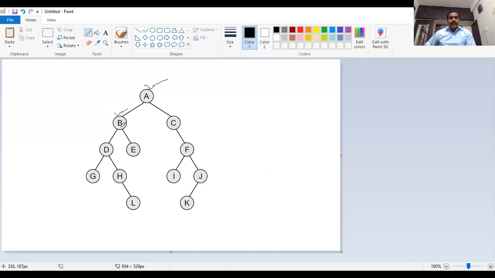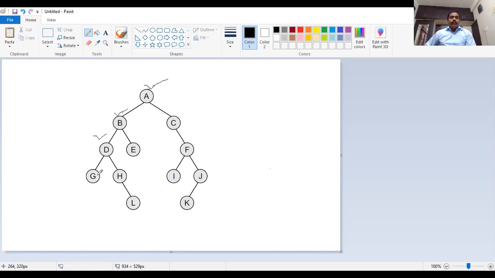B is the left side node. After left, we will go to the right side. But first, once we have visited B, we have to check whether it is a root node or a leaf node. This is the parent node of two other nodes, D and E. So we have to visit the left side nodes again, D. So now we have visited A, then B, then D.